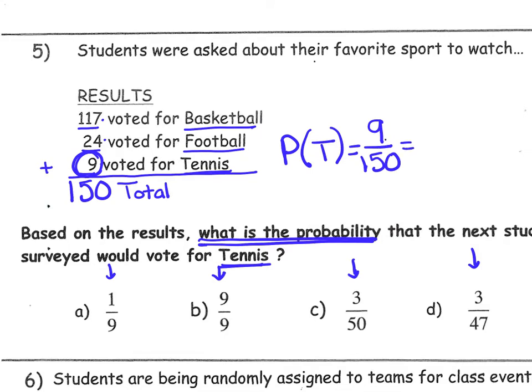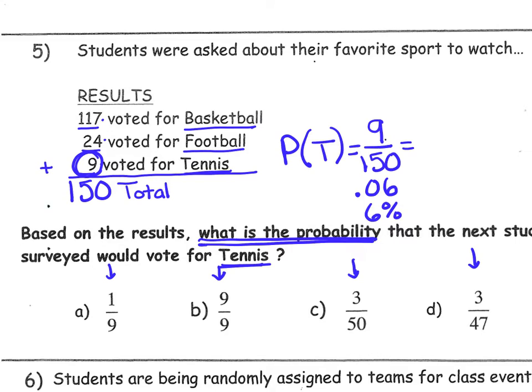One way around that is if you grab your calculator and punch in 9 divided by 150. Take a moment and punch that in. 9 divided by 150. You should have gotten 0.06, and as a decimal, that's 6%.